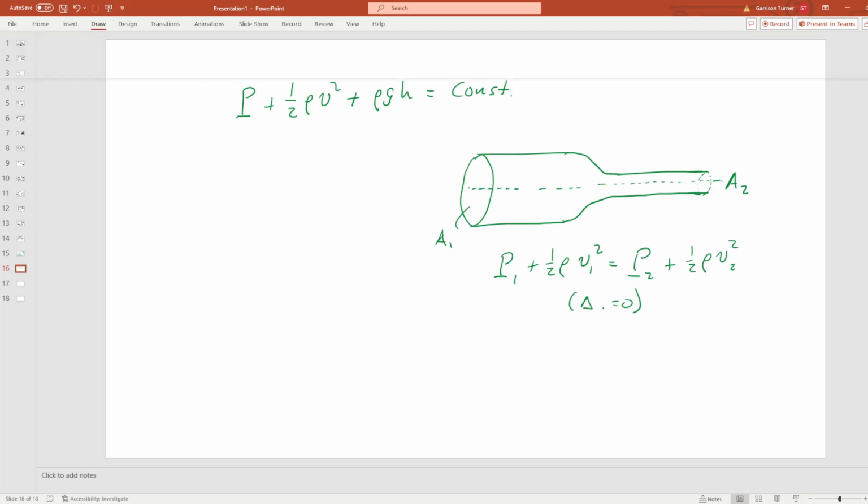So notice what happens if I combine Bernoulli's equation with the equation of continuity. There's a very common misconception about what happens when you constrict the nozzle of a hose, like a garden hose.